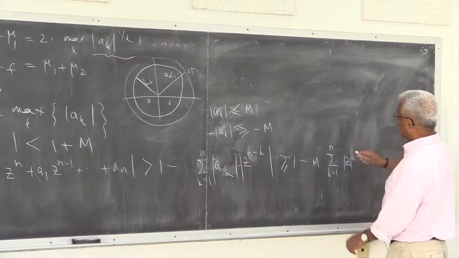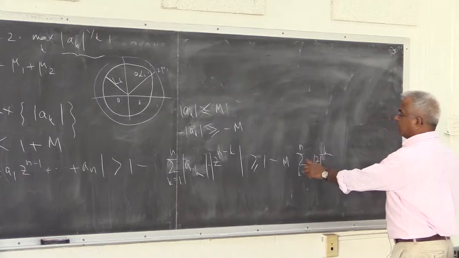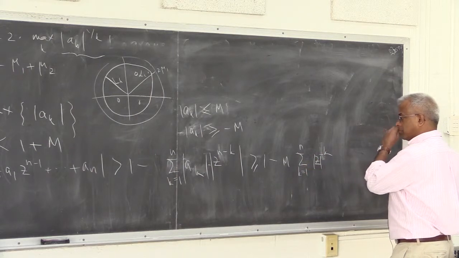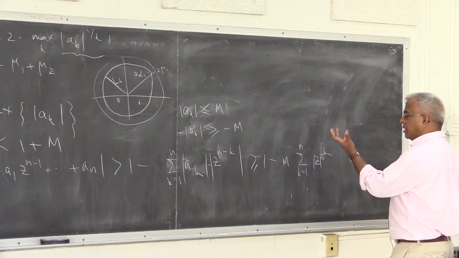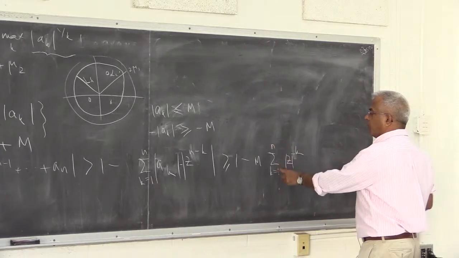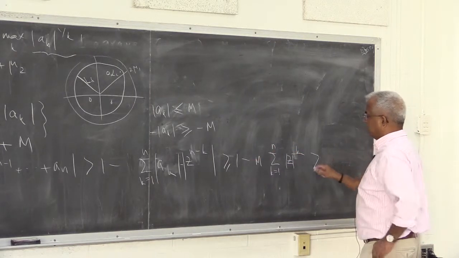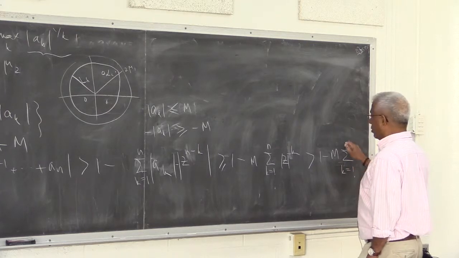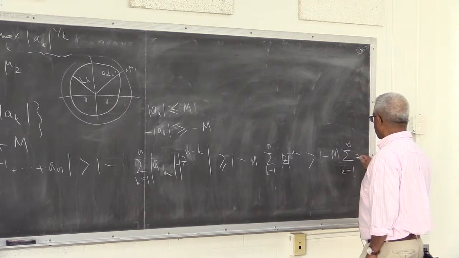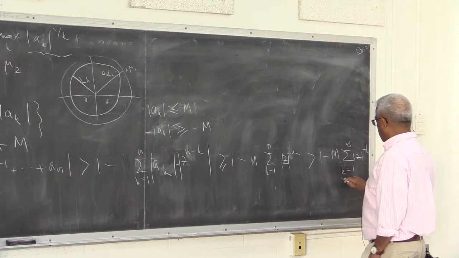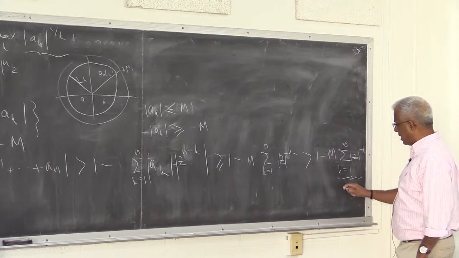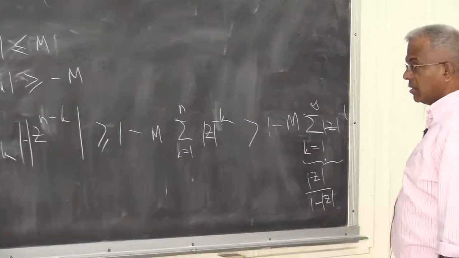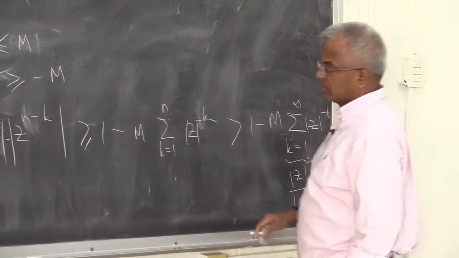On the other hand, this partial summation is smaller than the summation going from 1 through infinity. With the minus sign, we can write this as 1 minus M times the sum over k from 1 through infinity of z to the power minus k. But this sums up as 1 over z divided by 1 minus 1 over z.